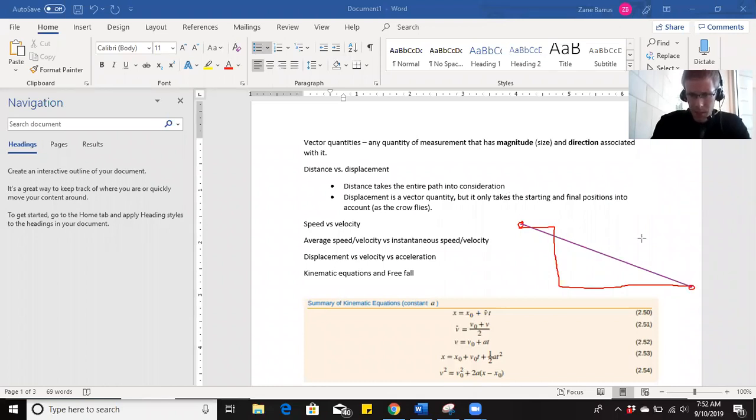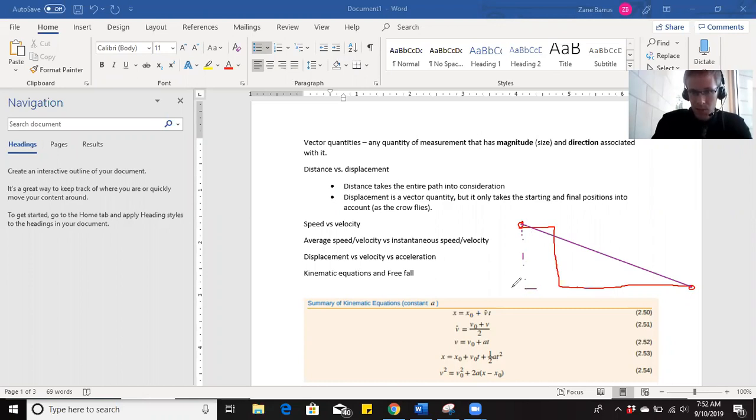You can measure that a couple different ways, but basically the easiest way to do this is to make this into a right triangle. If I'm trying to figure out what that straight purple line distance is, I make this into a right triangle.